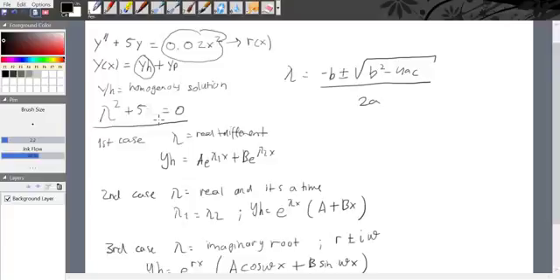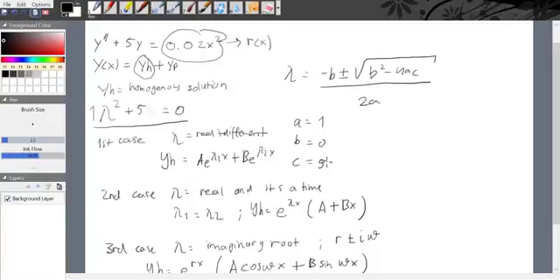If you're using Kreyszig's applied mathematics book, you can see the coefficients a, b, c are pretty different, but I'm personally going to use my own coefficients over here because for me it's simpler. So over here we have our a equal to 1 because it is the coefficient of lambda squared, our b is equal to 0, and our c is equal to 5.